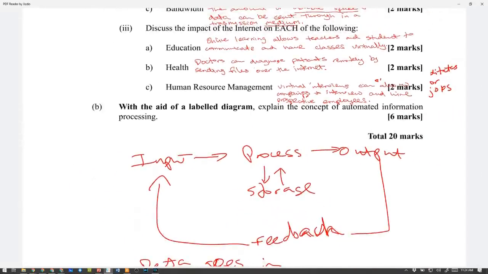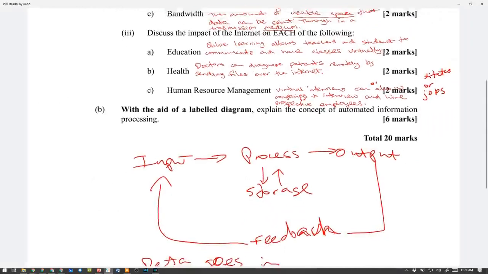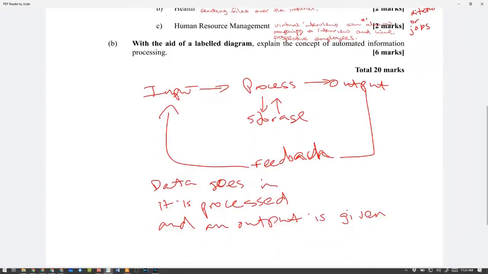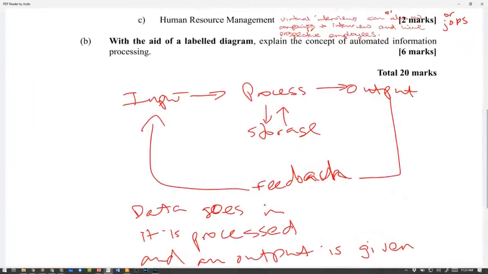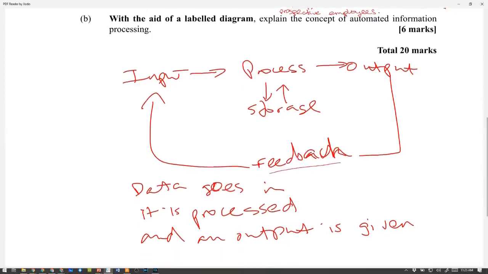Alright, with the aid of a labelled diagram, explain the concept of automated information processing. Alright, basically, you must have an input, a process, and an output, and storage, right? But feedback has to go back to the input. If you do have feedback, I don't think they'll take away marks, so that should be okay. But they say with the aid of a diagram.